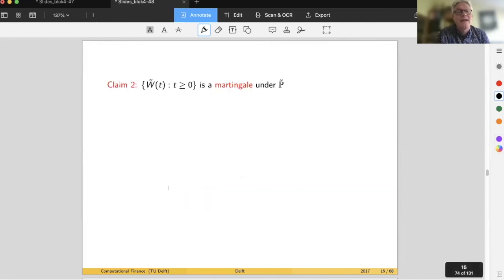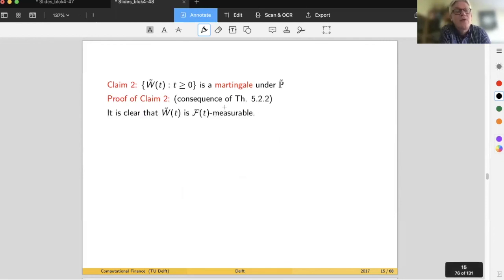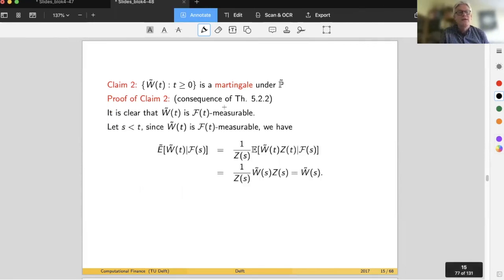And the second claim, that W tilde T is a martingale under P tilde, we do it as follows. It is in fact a consequence of the theorem 5.2.2 that we have just seen. And that is as follows. First of all, it's clear that W tilde T is Ft measurable. That's a first. Then, now let s be less than t. And because W tilde T is Ft measurable, we have the following.